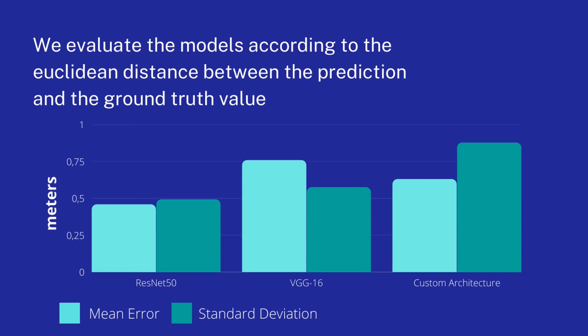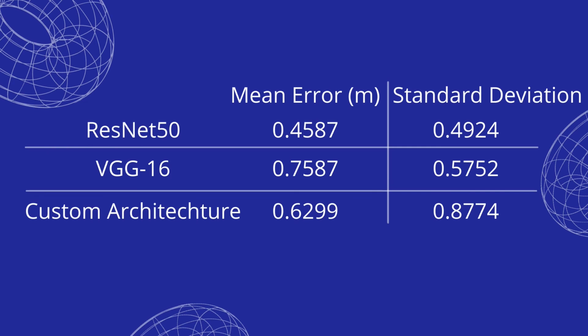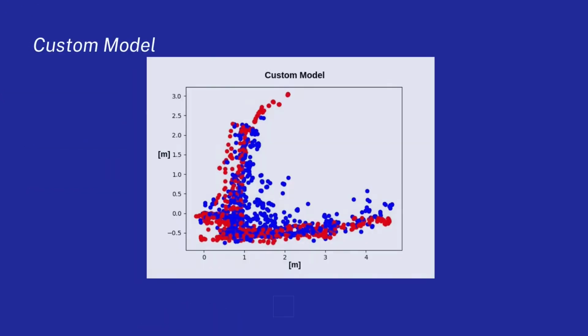We also use a standard deviation to see if the errors are too different from each other. This is the table where we show that the mean error of the ResNet model was approximately 45 centimeters.